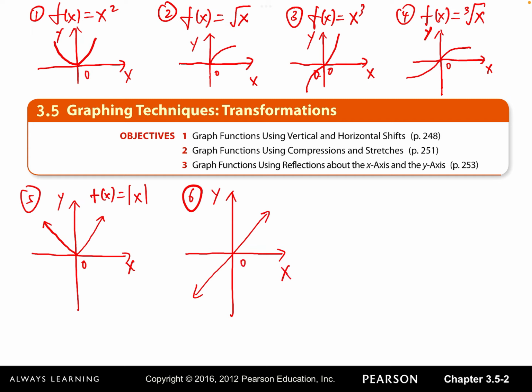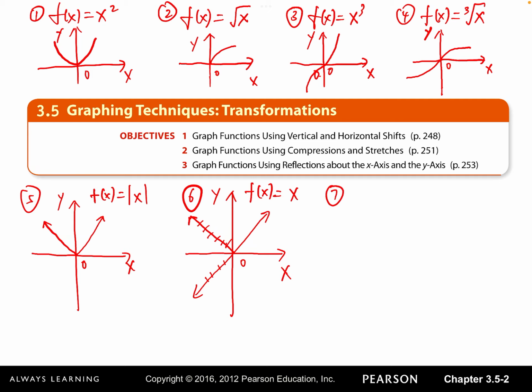This part, on the third quadrant, if you flip it, do the mirror image about the x-axis, then that goes to the absolute value function, right? This part. So that's why they have a similarity. If you memorize the absolute value function and the identity function together, that will be easier. The identity function standard form is written as f of x equals x.